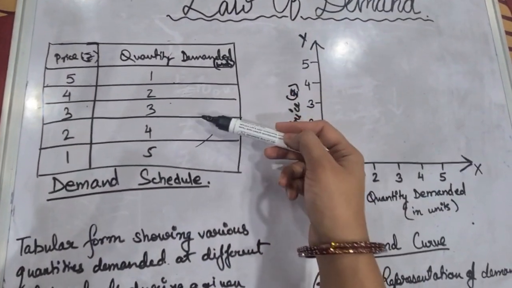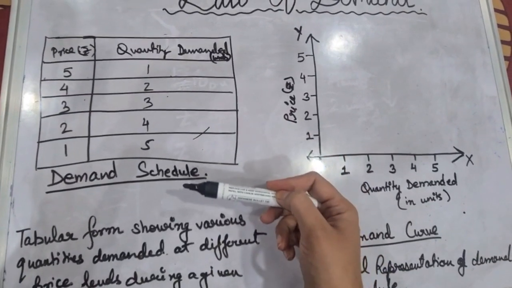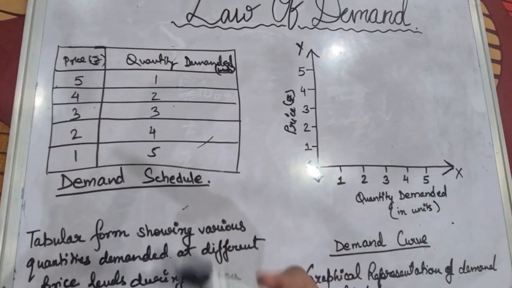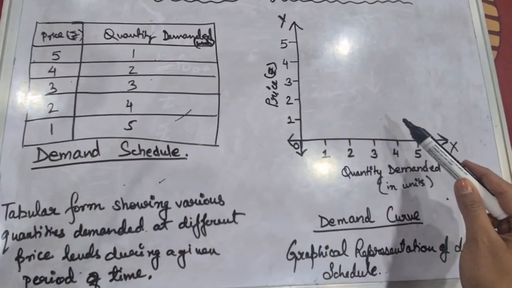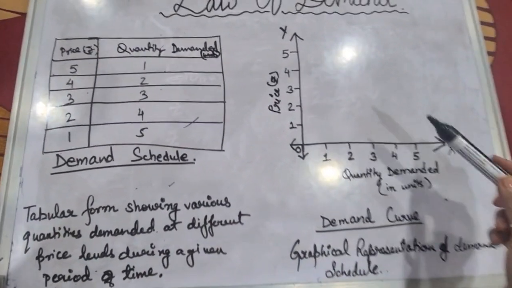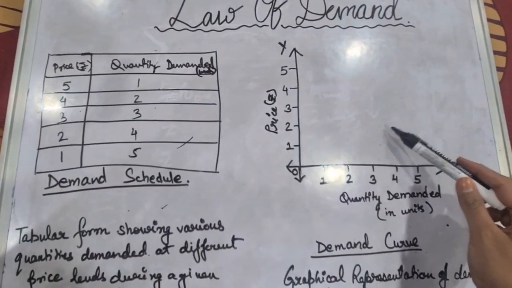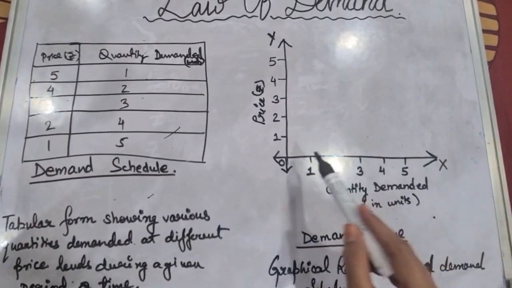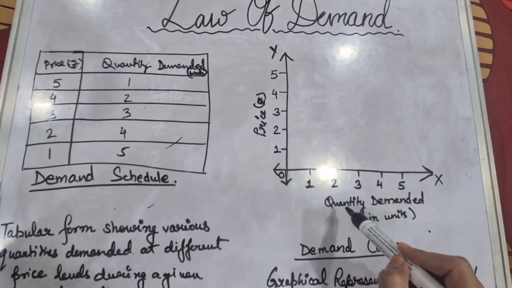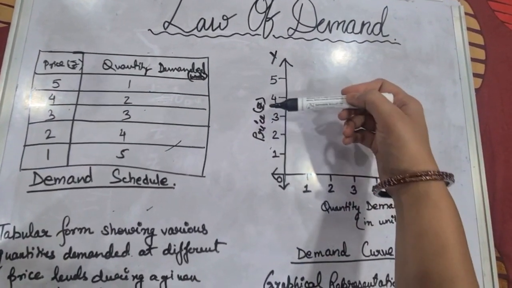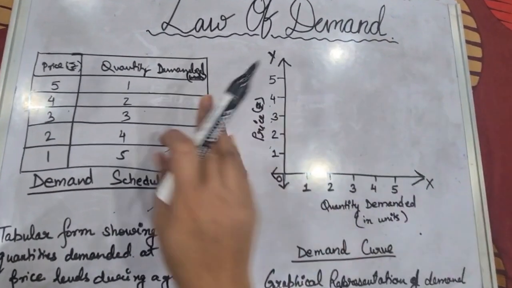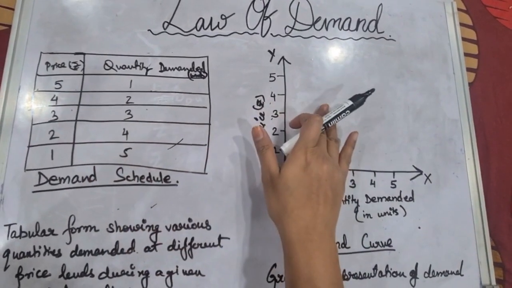And when this demand schedule is represented in a graphical form, it is called a demand curve. I will explain how to make a demand curve. Here you can see on the x-axis I have written the different quantities demanded, and on the y-axis I have written the different price levels. Now we will follow this to make the demand curve.